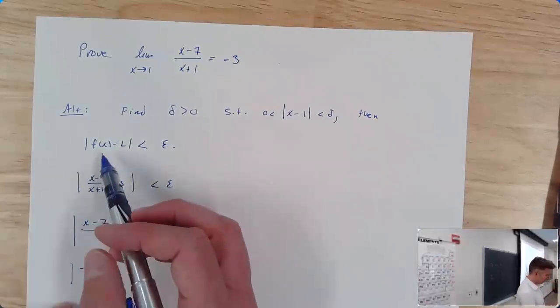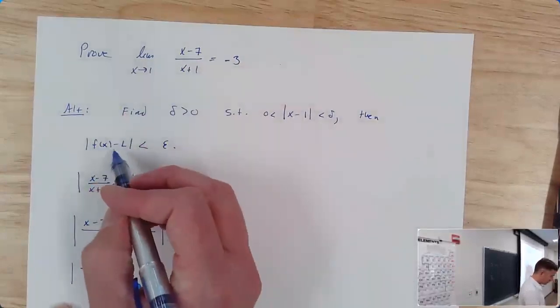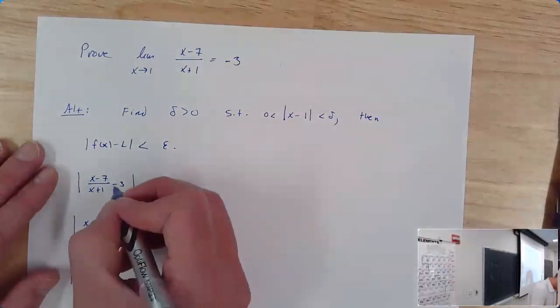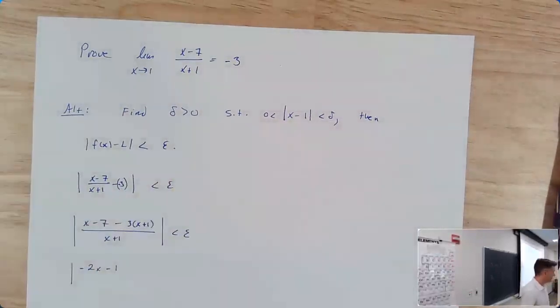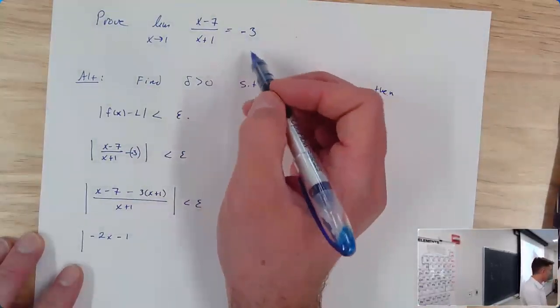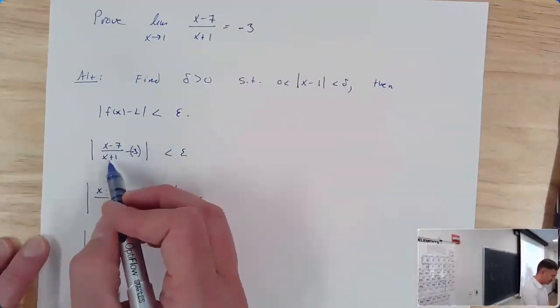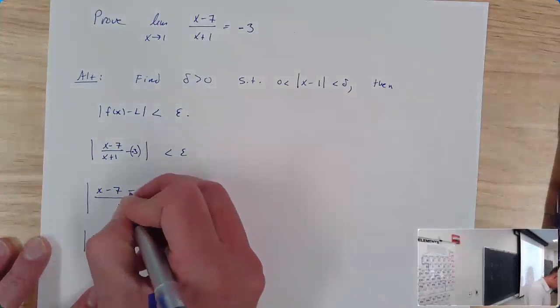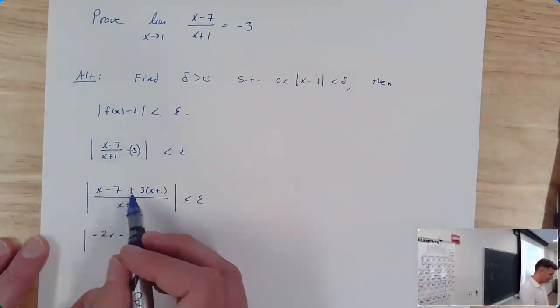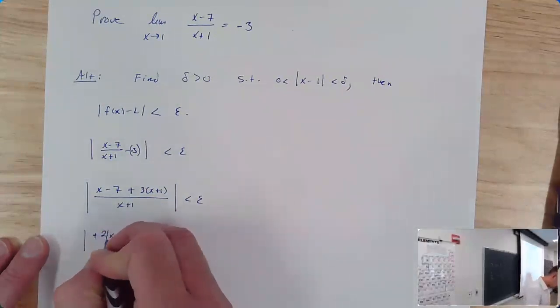I should point out it should be f of x minus the limit, right? And the limit is -3. Right, it's f of x minus the limit, which is -3. So that should be x minus 7 over x plus 1 minus -3. So that should be a +3, which means instead of having x minus 2x, I should have x plus 3x, which is a positive 4x.